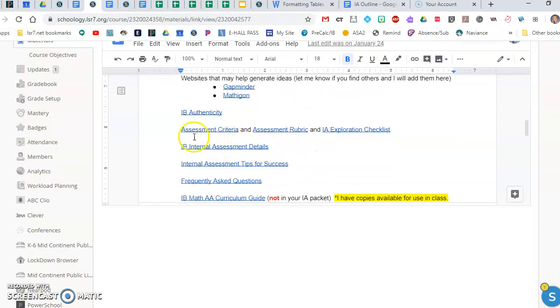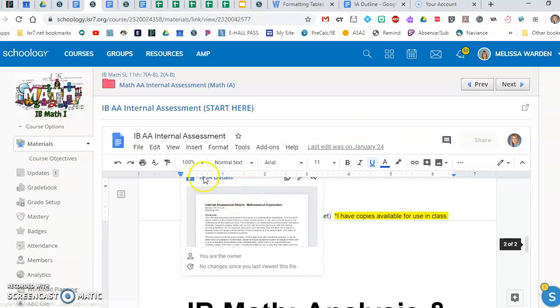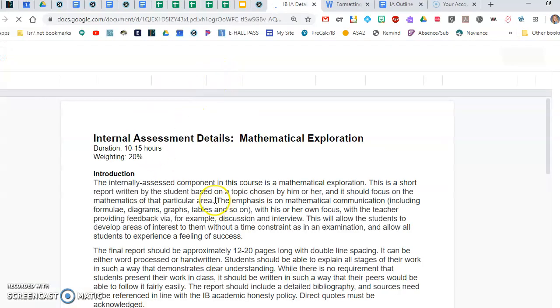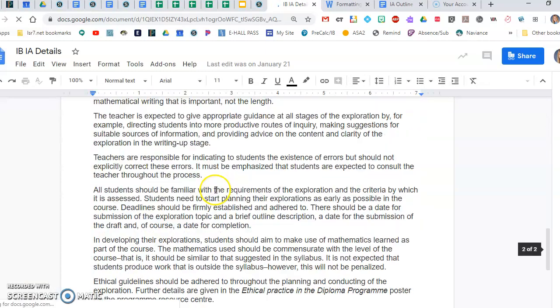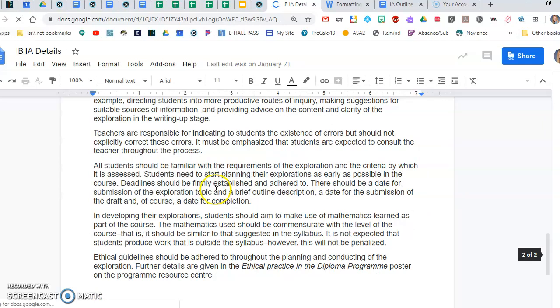Something I do want to mention, the assessment criteria might be something good to look at. Also the IB internal assessment details, if you're not remembering the details of this, how long it should be, what the purpose of it is, and some requirements.